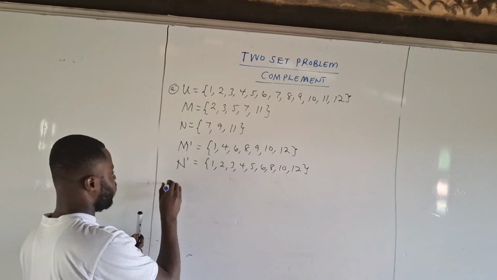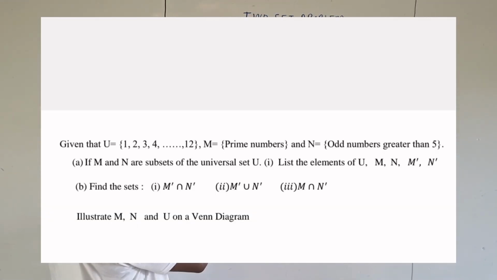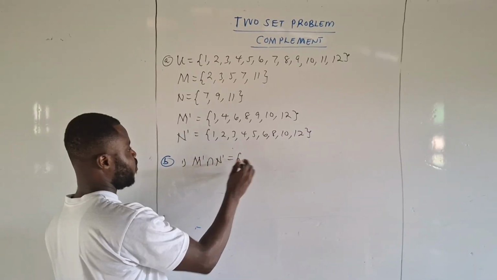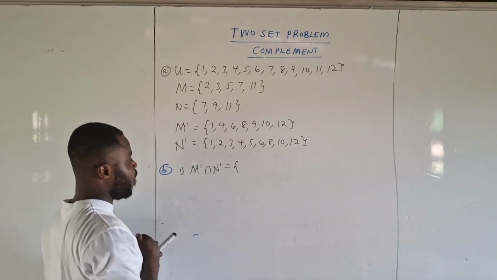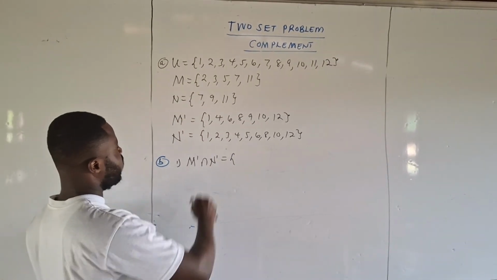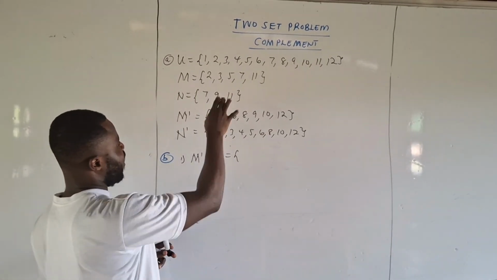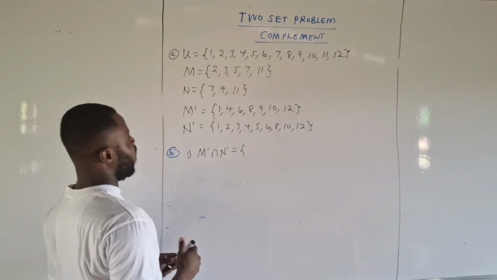Now the question (i) says we should find M complement intersection N complement. So we are going to compare M complement and N complement. Intersection means common numbers. What are the common numbers in M complement that are also in N complement?